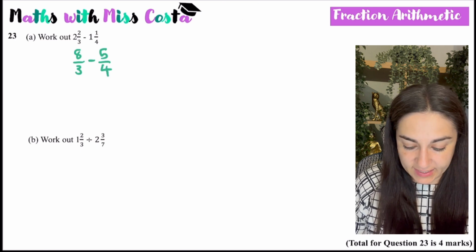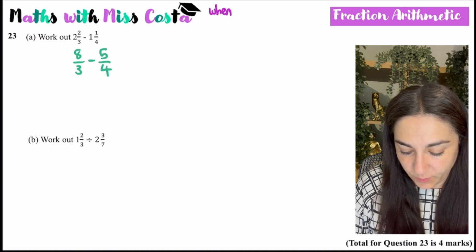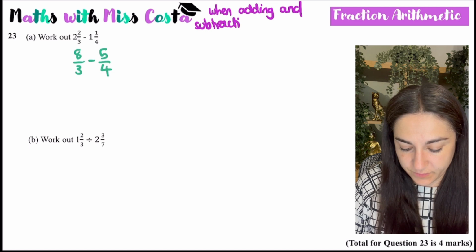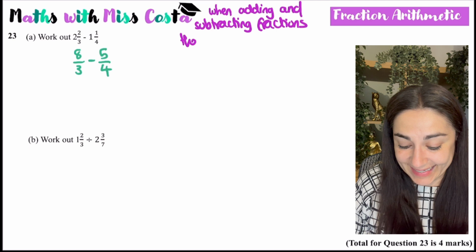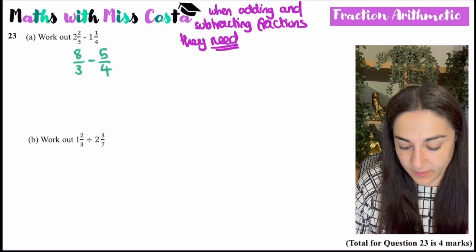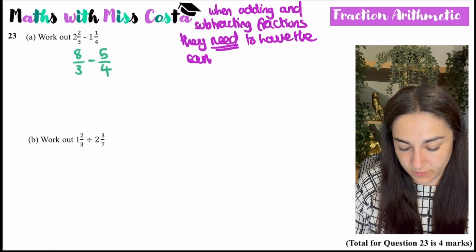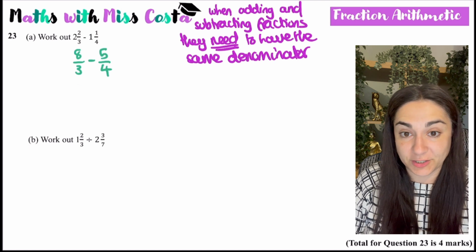So the key thing here is that when you're adding and subtracting fractions, they need to have the same denominator. So what I'm going to have to do is I've turned them into improper fractions first.